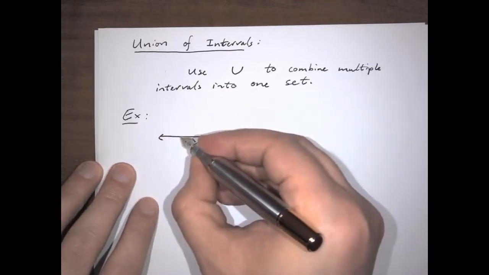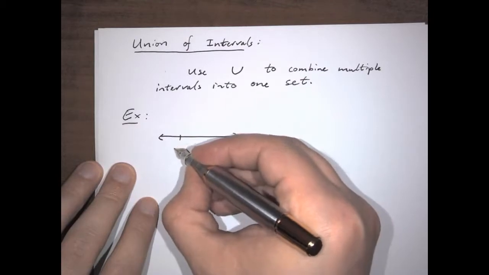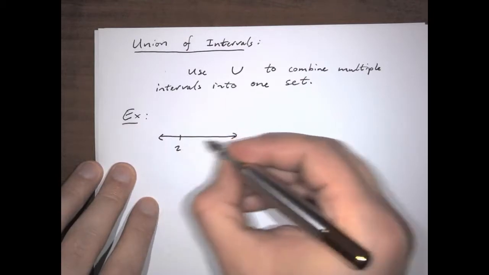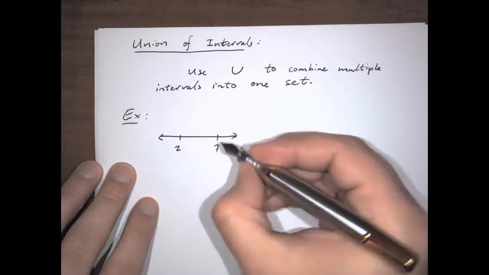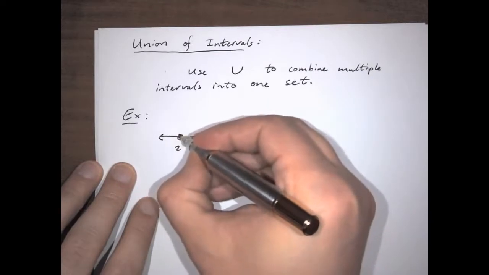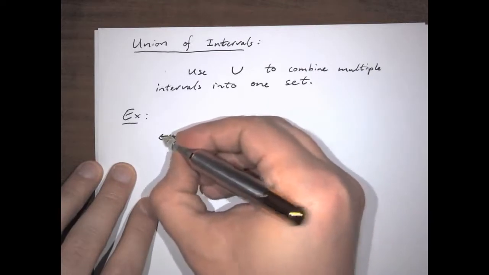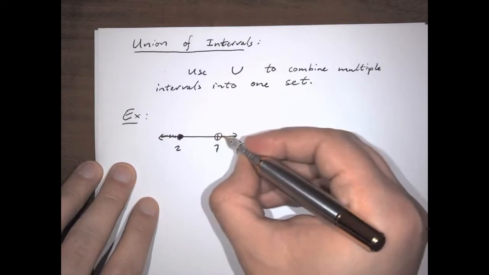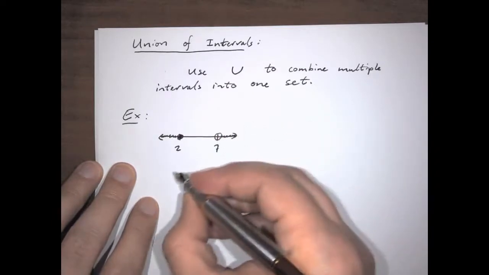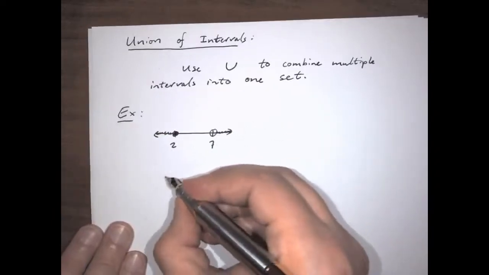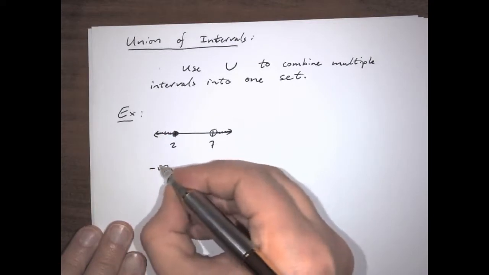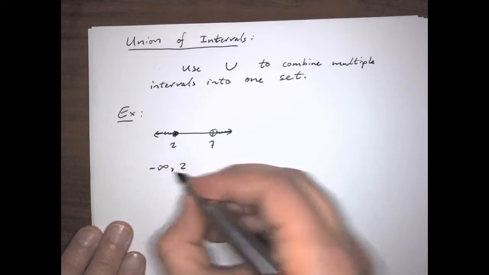So for example, let's say we had a set of everything below 2 and above 7 with the 2 included, let's say, and the 7 not. Then this would correspond with the interval notation negative infinity to 2.